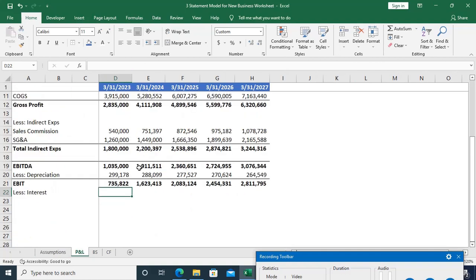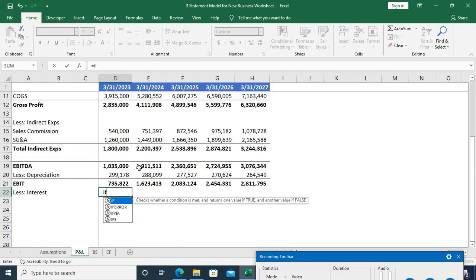So in the first year, what interest will we have to pay? It is equal to... I was telling you we will be using this IF function very often, so we are using it.